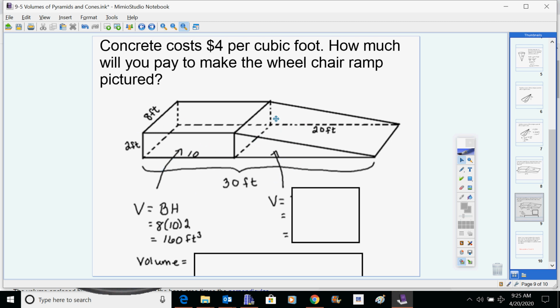This one, it's a prism. Okay, you've got the triangles on the top and bottom, so those are the bases. And the height in this case would be 8 because it's this way.